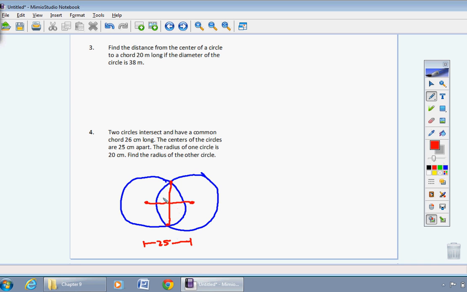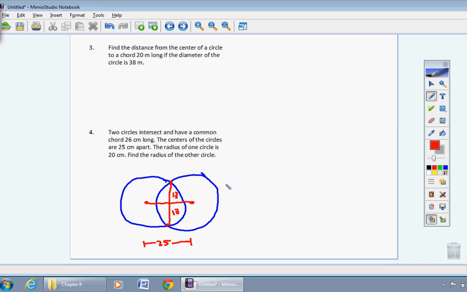Now, since we're connecting the centers of the circles, that means that this is going to bisect this chord right here. So that means that this chord is 26 centimeters long. Each part of that chord is going to be 13.